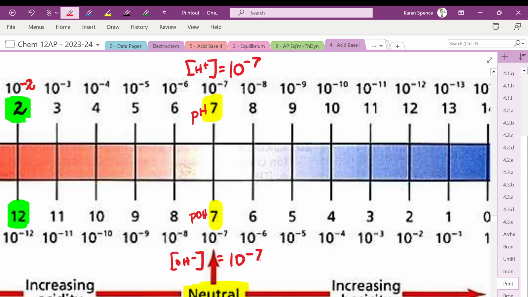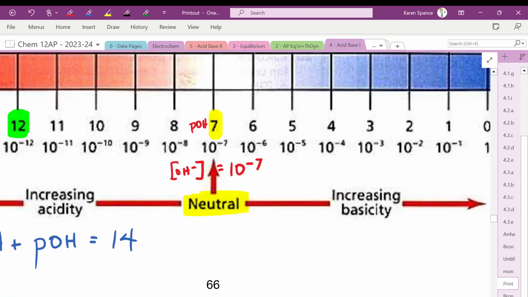So the key thing, if something is neutral, what can you say about the hydroxide concentration and hydrogen concentration? They are the same, okay? So if something is neutral, concentration of hydroxide is equal to concentration of hydrogen.